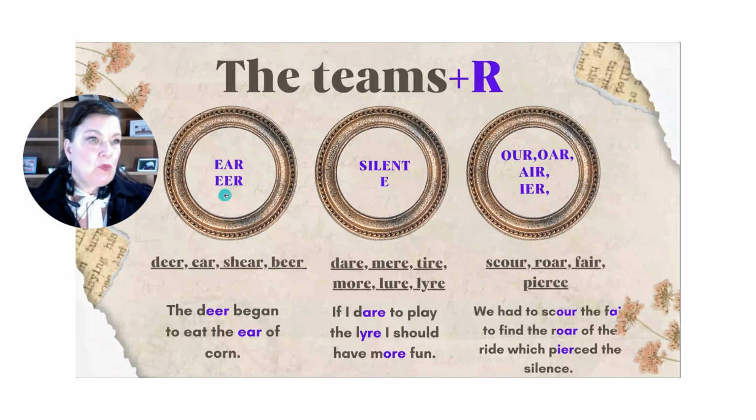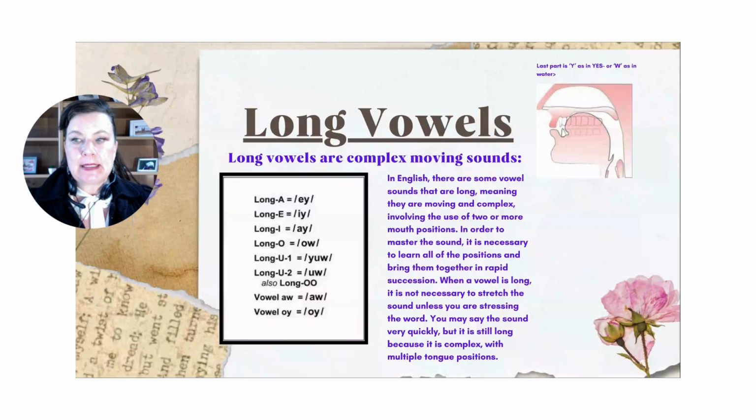These are what we consider teams of vowels, and they have that long vowel sound. So A, E, I, O, U. In these combinations, they can stand up, hold themselves against that influence of the R.